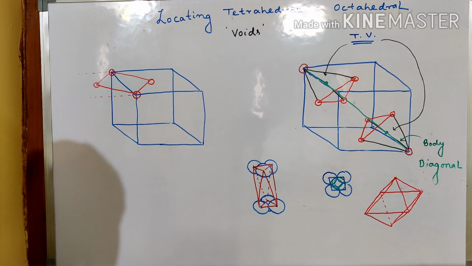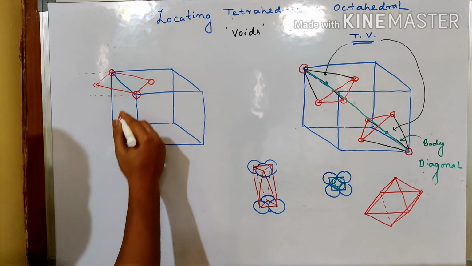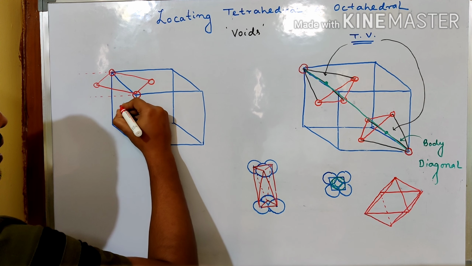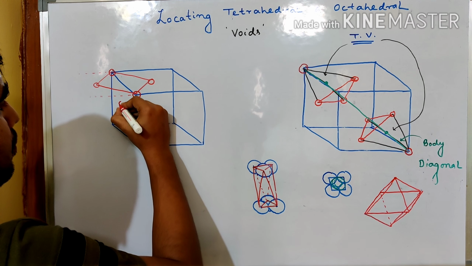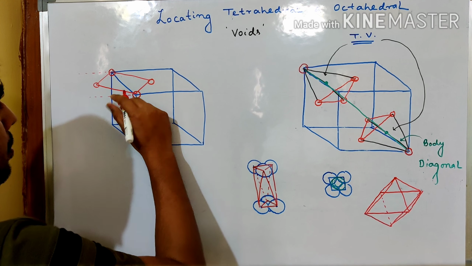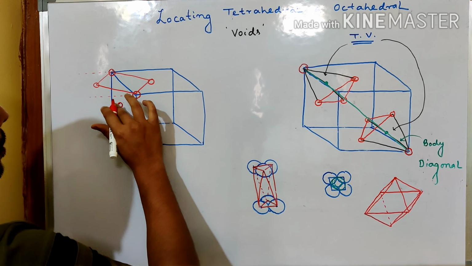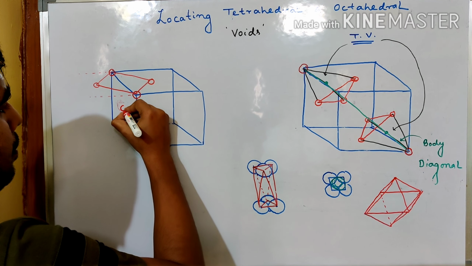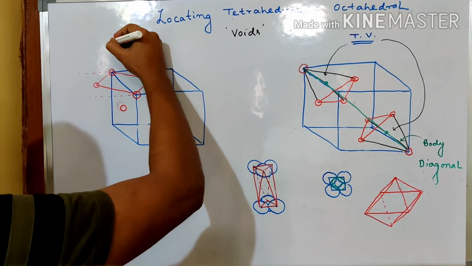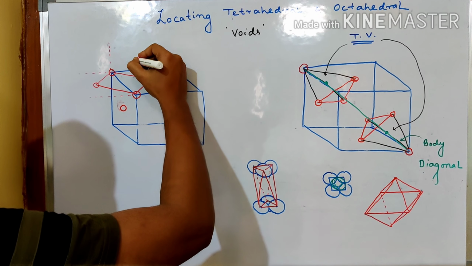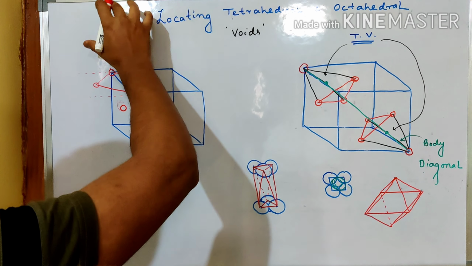Okay. Now, one atom above, one atom below. The below, this face center atom can be easily taken. And for above, you see, above this unit cell, there will be another unit cell which is attached.